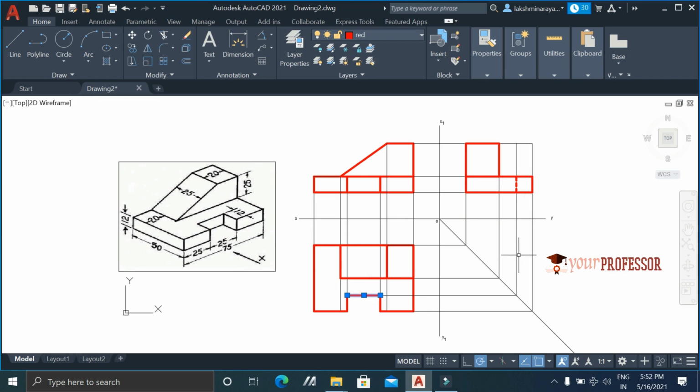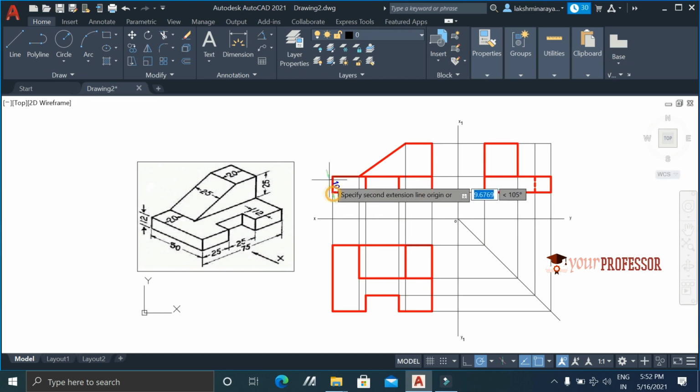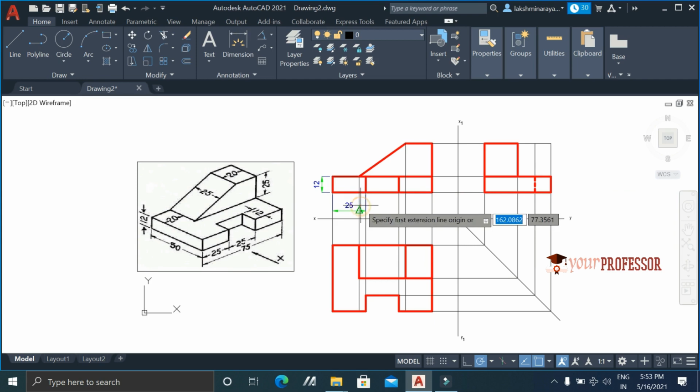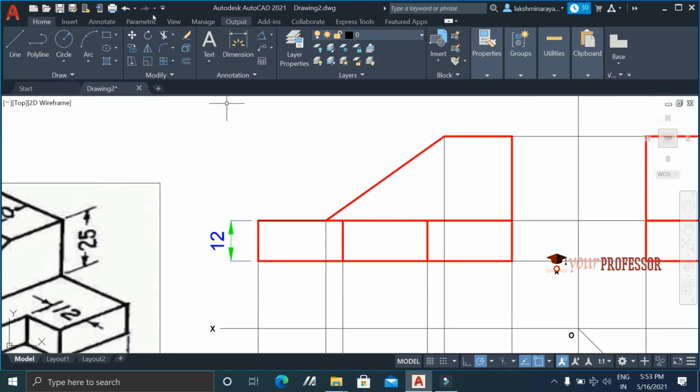Now let's represent the dimensions. Let us start with this. It is 12 mm. This is 25 mm. This is 25 mm.